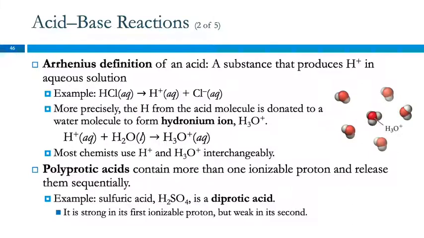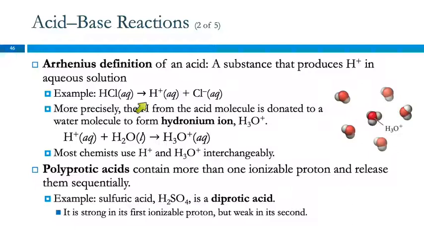So the hydrogen ion is just a bare proton, and that is super, super reactive, and it's just not going to be alone. What happens is it's going to attach to a water molecule. All of this is happening in aqueous solutions. There are gazillions, literally, of water molecules around.